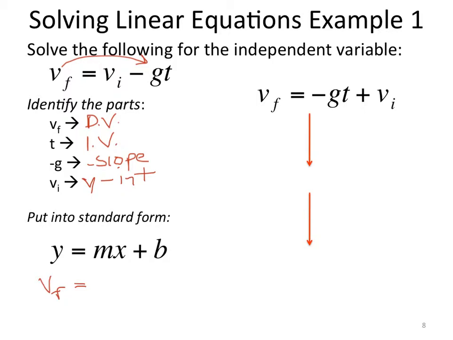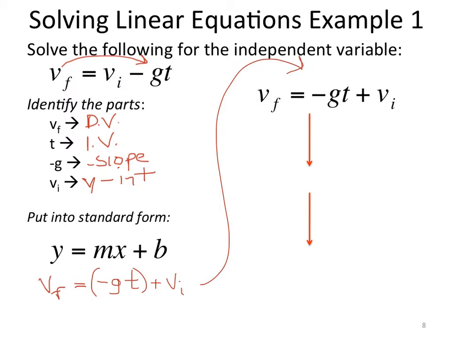I'm going to put this in parentheses because it's a minus g. Let me undo that. Let me reset. It's a terrible g. The negative g times t, plus whatever acts as our y-intercept, that is our v initial right here. And that's what we have right there.